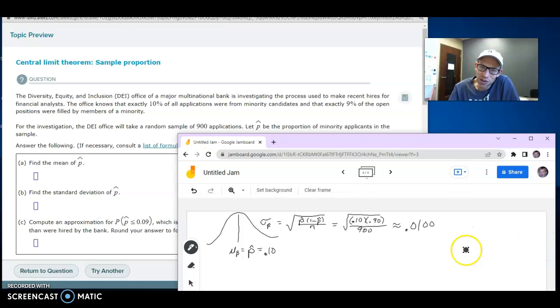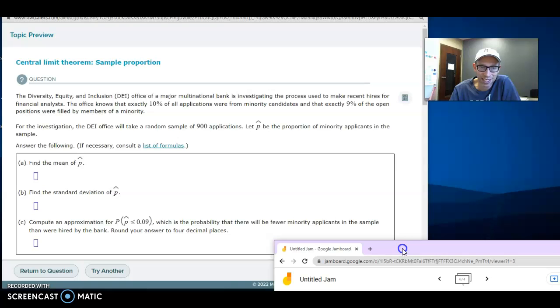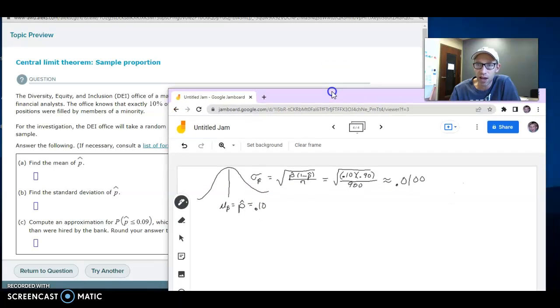All right, so here we have mean and standard deviation. What's the approximation for the proportion of these samples that would be less than 0.09? Well, we've got all the information we need about the distribution here. So now it just boils down to being a z-score calculation problem.